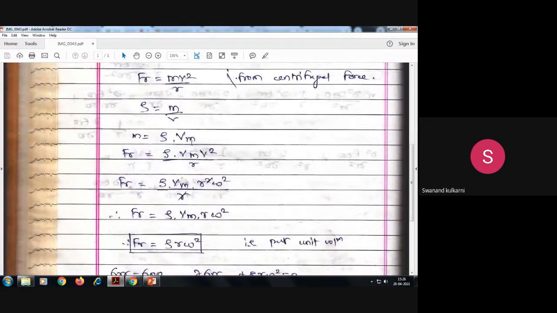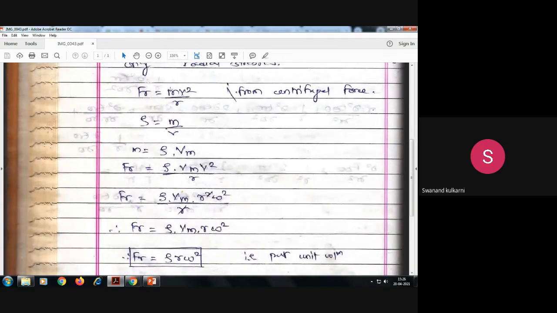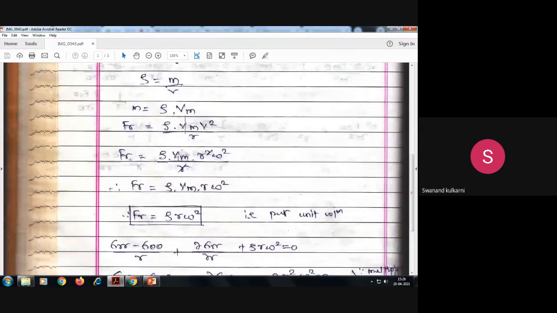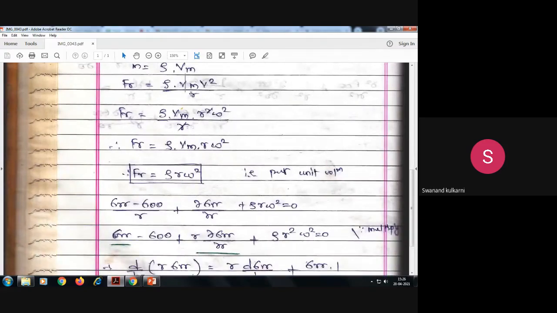Here V_m represents the volume, rho the density, and m the mass. So this mass m is replaced with rho into V_m, giving rho V_m v²/r.